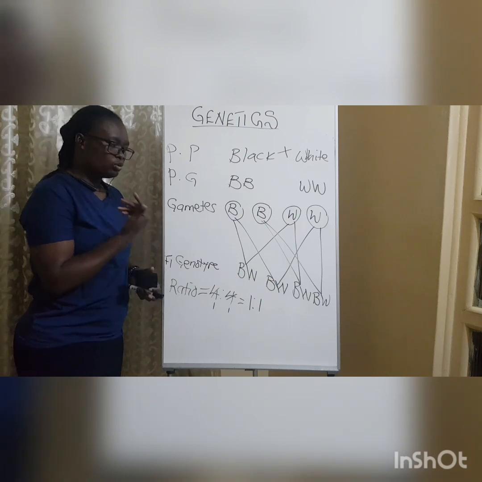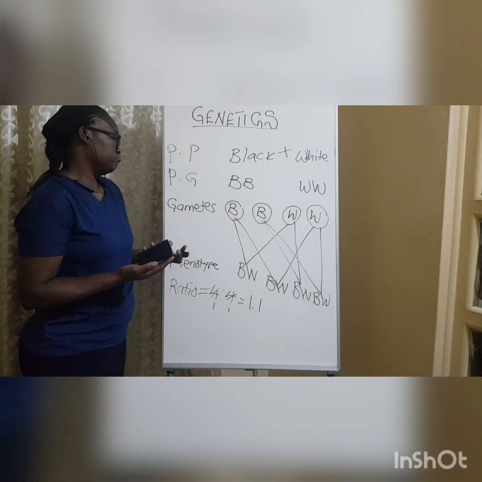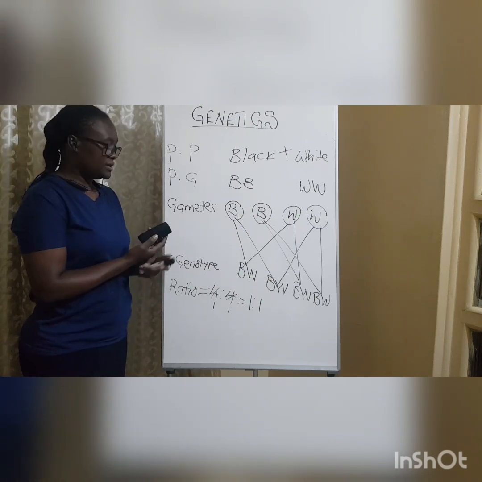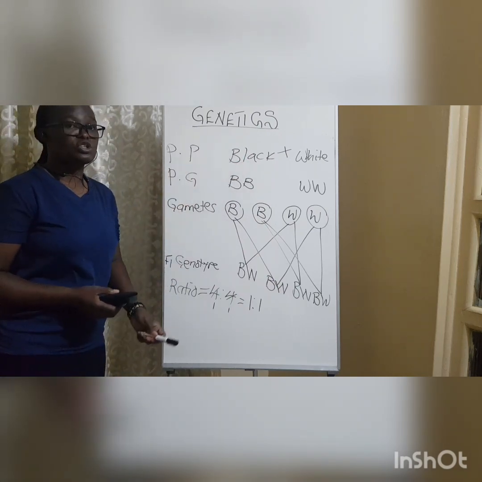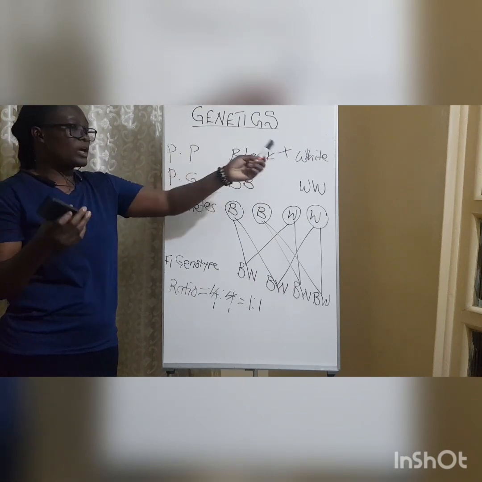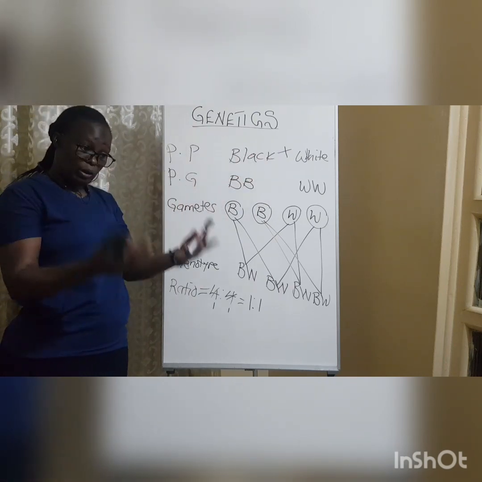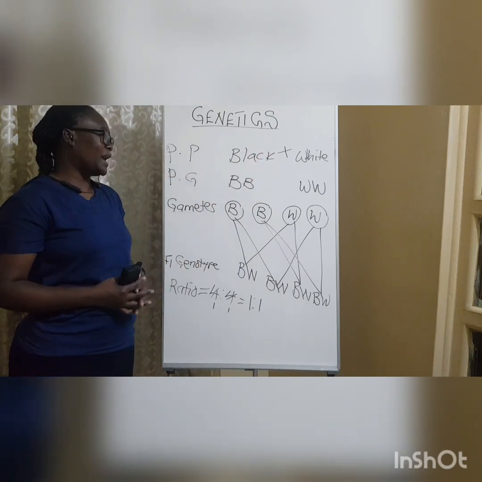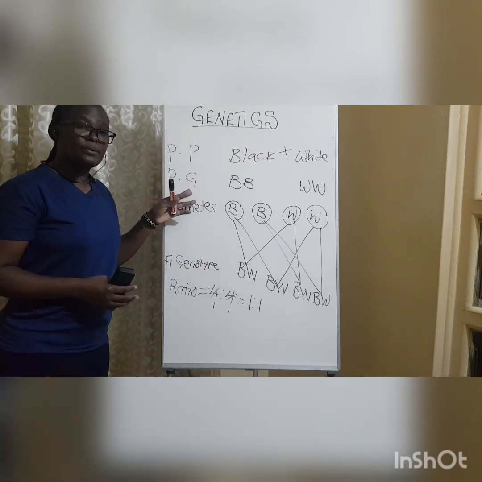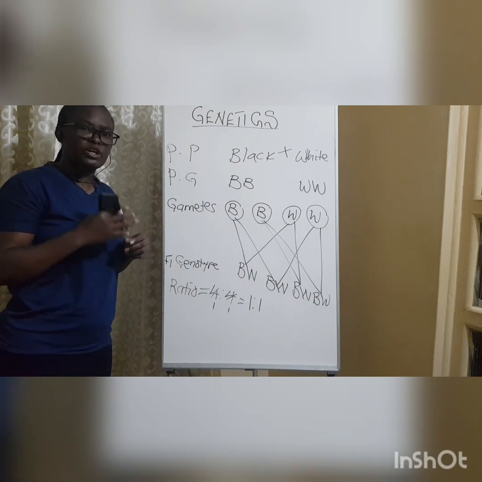Very good. So that's how you do the genetic diagram. Simple and straightforward as this. So you start with the parental phenotype, which is what you see. You are able to see that the cow is black. Oh, sorry, the cow is white. The bull is the one which is black. And for the genotype, you are supposed to write the genes, how the genes appear.